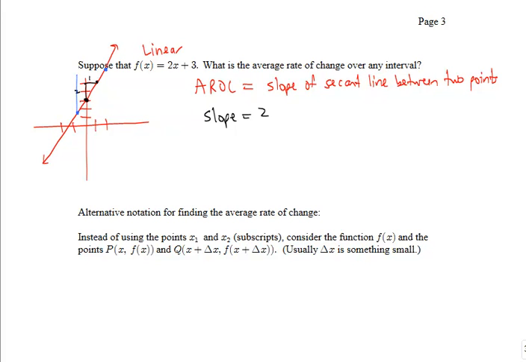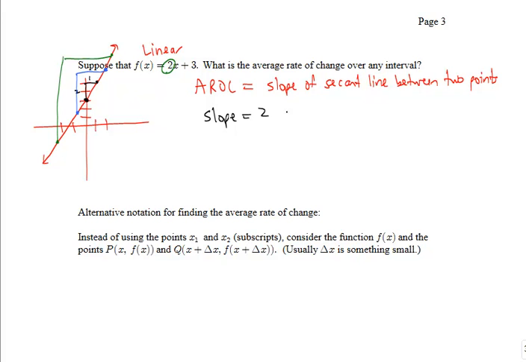Well, the good news is, since this is a line, lines have constant slope. So no matter which 2 points I look at, whether it's way out here or 2 points closer together, the ratio of this rise to this run is always the same value, and it has to always be 2.